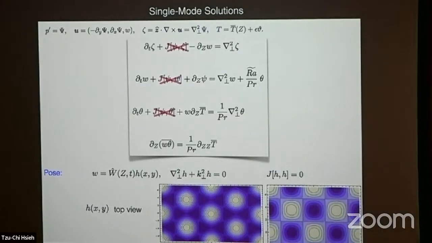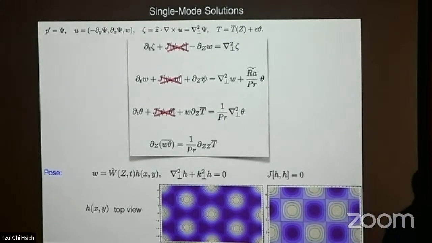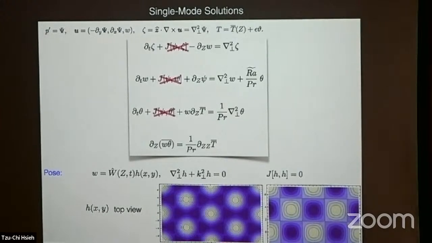If you put that into these equations, because of this criterion, all the horizontal advection terms are identically zero for this solution. The only place where nonlinearity persists is in this convective feedback.